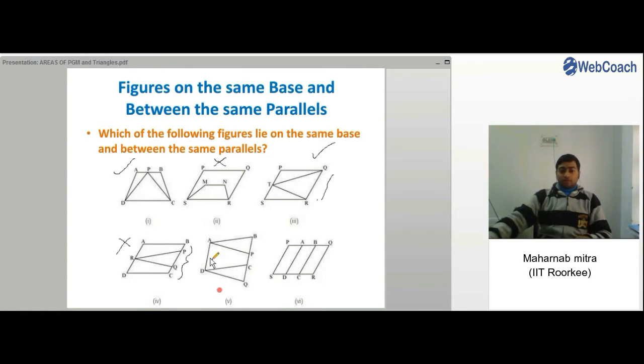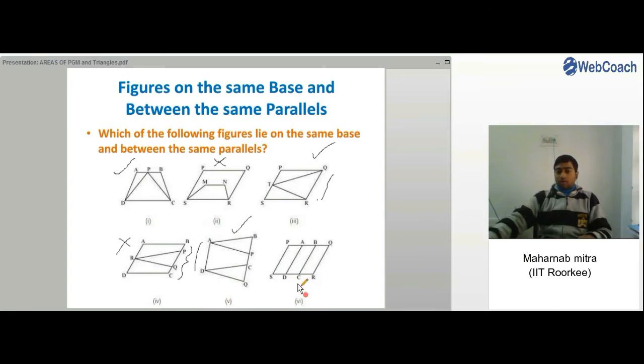If we consider AD as the base and AD is parallel to BQ, then you can see both the trapeziums have a common base, which is AD, and both of them lie between the same parallels, AD and BQ. So this is a figure on the same base and between the same parallels.